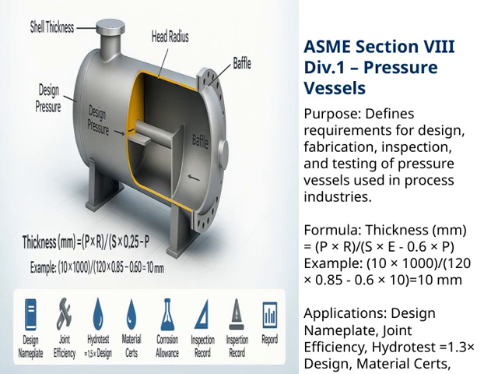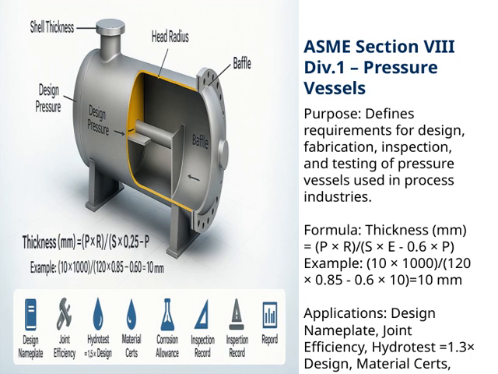Now, let's take a closer look at ASME Section VIII Div 1, which deals specifically with pressure vessels. The main purpose here is to establish clear requirements for their design, fabrication, inspection, and testing, ensuring safety and reliability in process industries. One of the key elements is the formula used to determine the wall thickness of a pressure vessel.